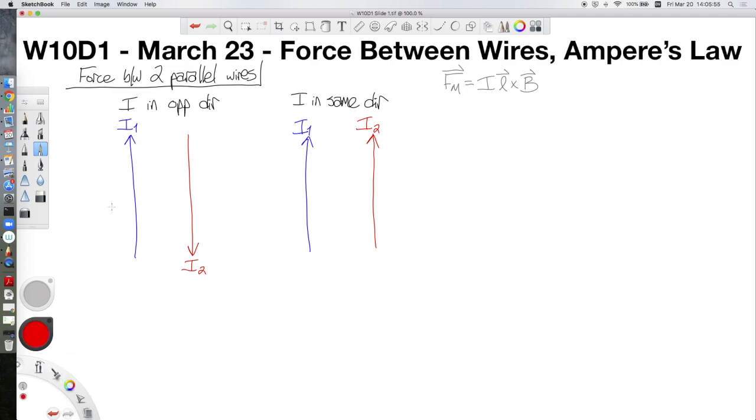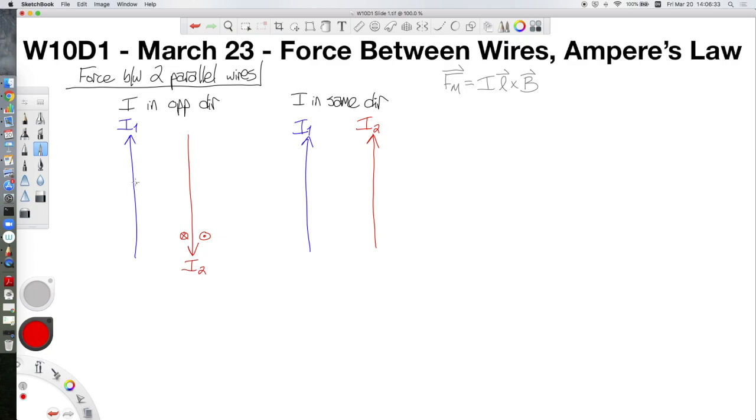So over here, when the currents are in opposite directions, looking at wire 1, to know what force wire 1 experiences, we need to think about what magnetic field wire 1 experiences. And since a wire, at least not until we talk about induction, can't feel its own magnetic field, that magnetic field must be coming from somewhere else. And it's coming from wire 2. So wire 2, based on our second right-hand rule, will have a magnetic field into the board on the right side of the wire and out of the board on the left side of the wire.